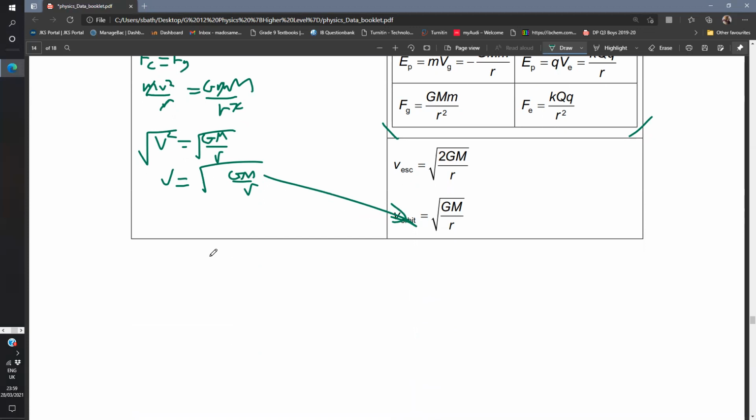Now to derive the escape velocity, we have to take into consideration the gravitational potential and the kinetic energy. We equate those. GM over r is equal to half v squared. Cancel, cancel.